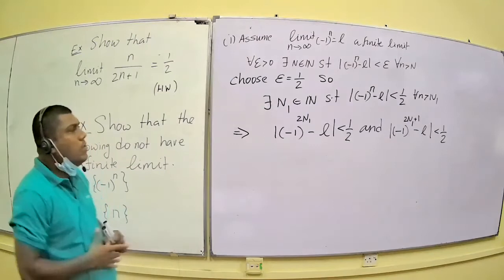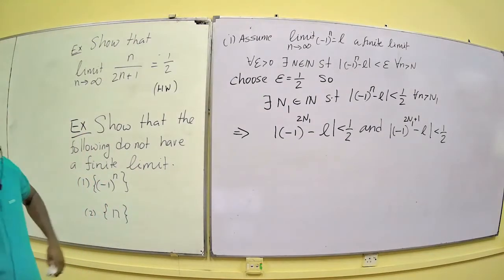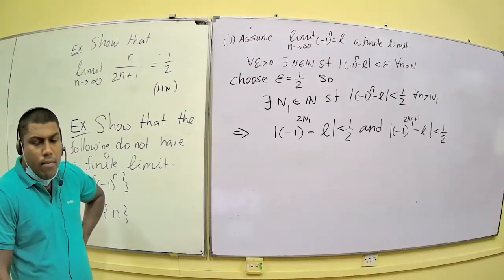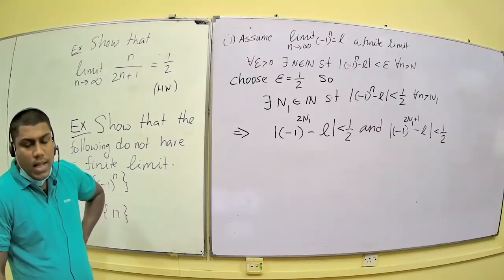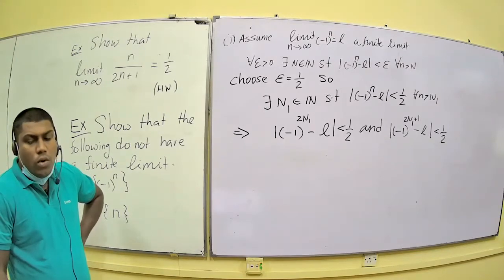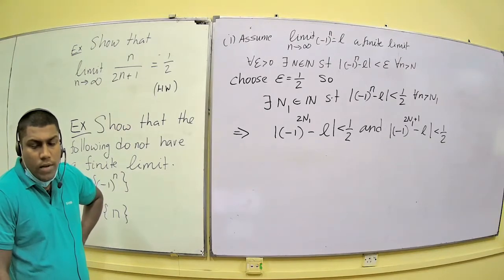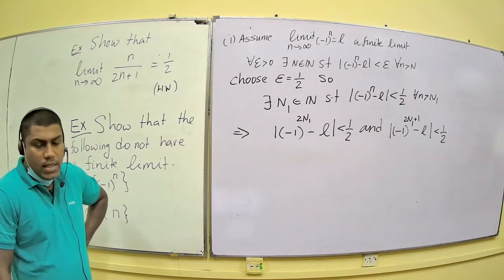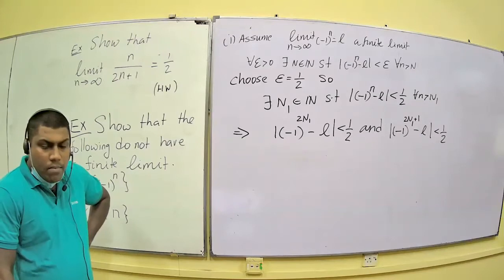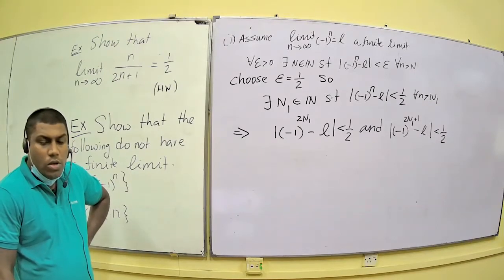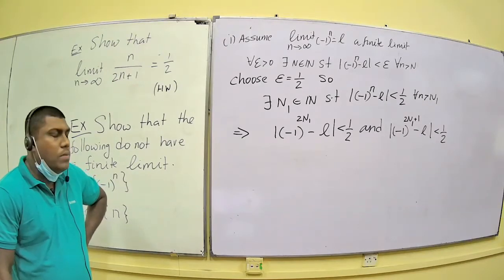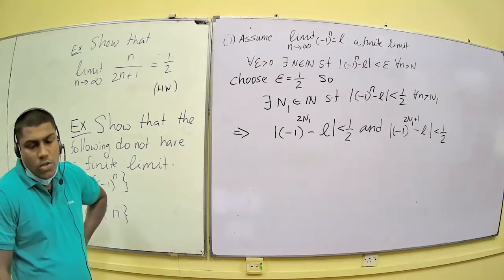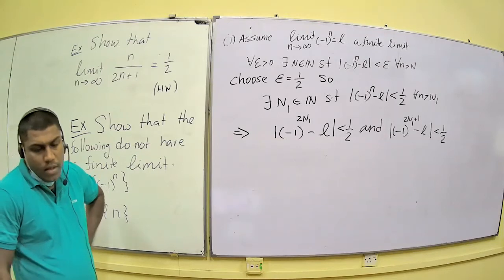Because |(-1)^n - L| is less than half for every n bigger than capital N1, that inequality holds for 2N1, because 2N1 is obviously bigger than N1. So |(-1)^(2N1) - L| is less than half. At the same time, 2N1 plus 1 is also bigger than N1, so |(-1)^(2N1+1) - L| is also less than half.